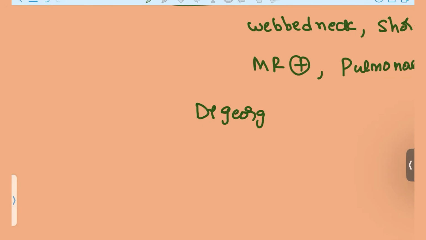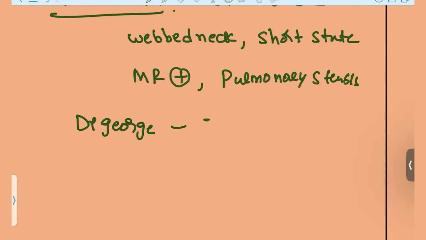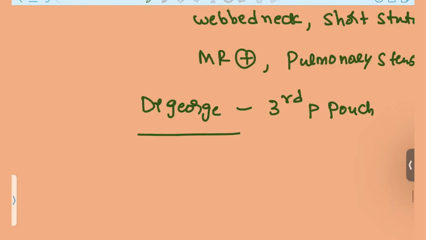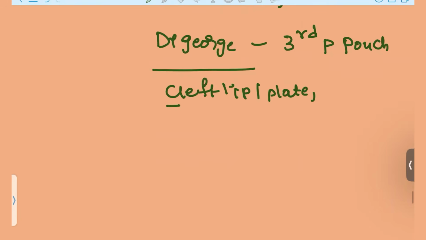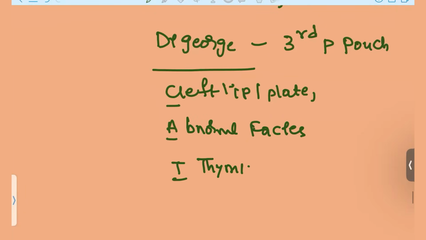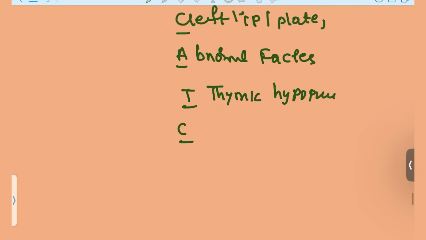Next, you also have the syndrome known as DiGeorge syndrome, right? DiGeorge syndrome. And the name itself tells you it is going to involve the third pharyngeal pouch. So there will be cleft lip and palate in this patient, abnormal facies, thymic hypoplasia, and also cardiac defects like tetralogy of Fallot and hypocalcemia, because the third pharyngeal pouch is involved, right?